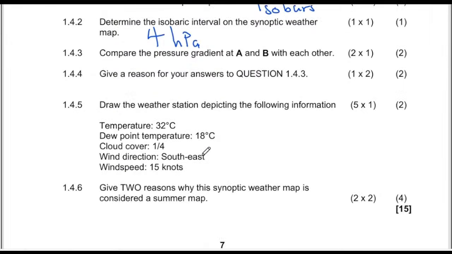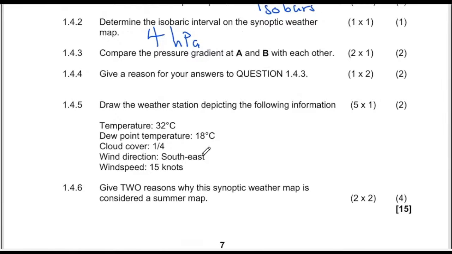Then draw the weather station depicting the following information. Right, it says our temperature is 32 degrees Celsius, our dew point is 18 degrees Celsius, cloud cover is 1/4, our wind direction is southeast, and wind speed is 15 knots. We are supposed to draw a station model to summarize those weather elements as indicated by the question.